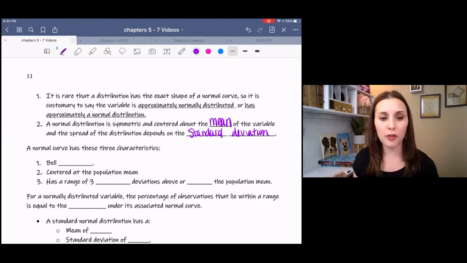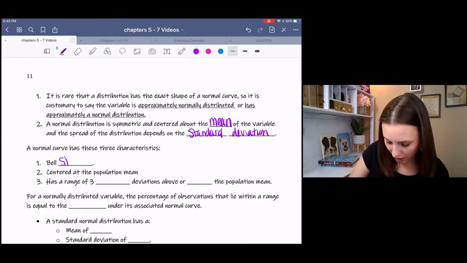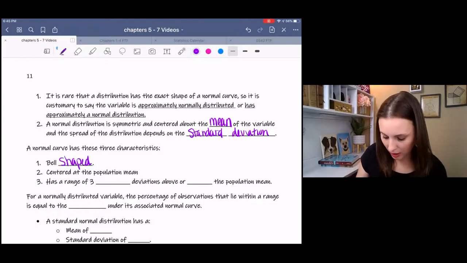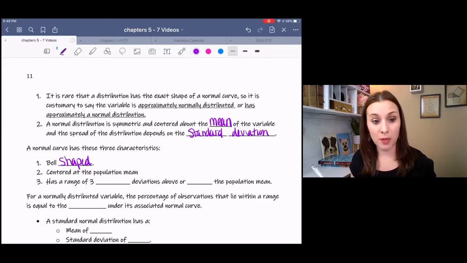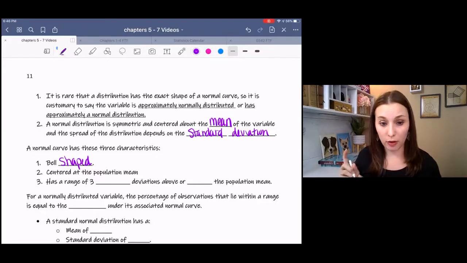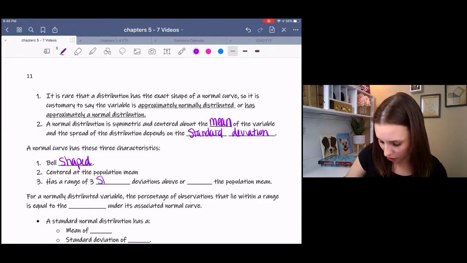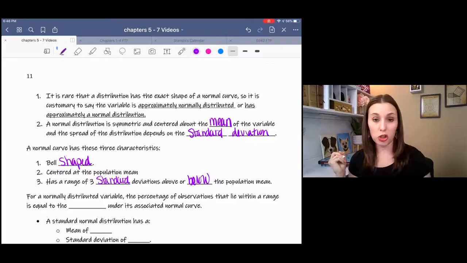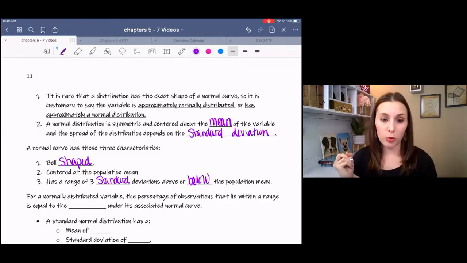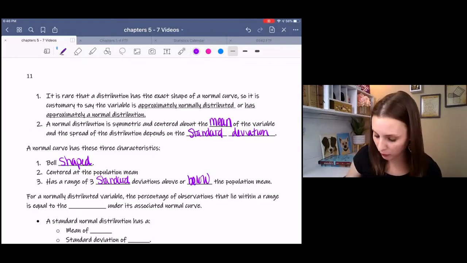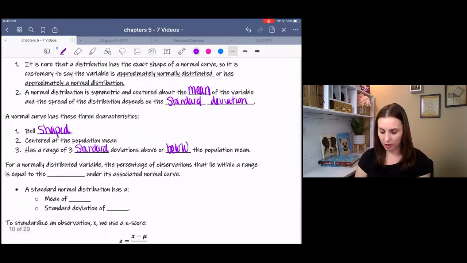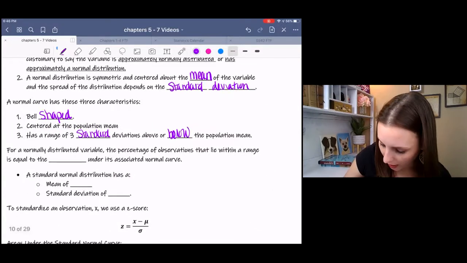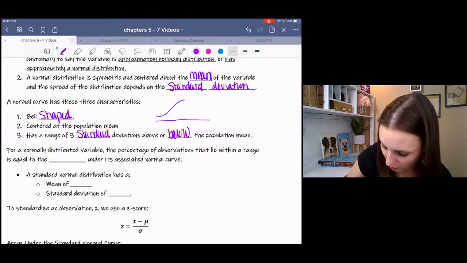So a normal curve has these 3 characteristics. It is bell-shaped, it's centered at the population mean, and it has a range of 3 standard deviations above or below the population mean. So if you were to sketch a normal curve, I've already kind of done a little bit where we have this bell curve.